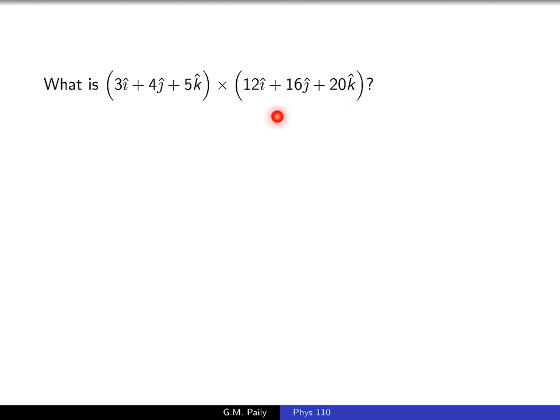So this vector is simply 4 times this vector. As a result, they are parallel and their cross product is 0. So we see that if A and B are parallel, their cross product is 0.